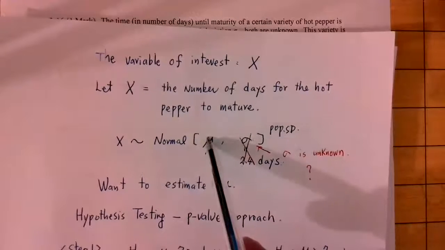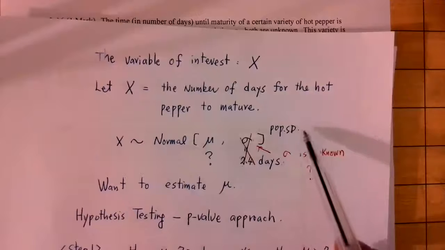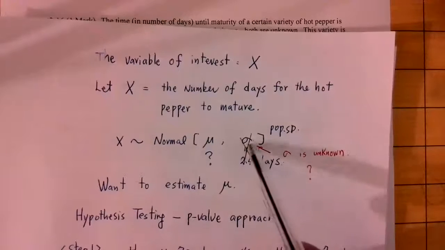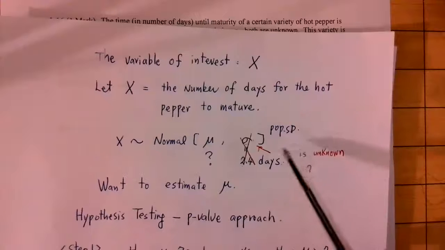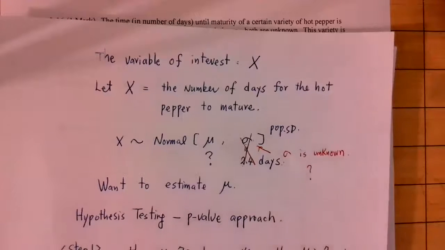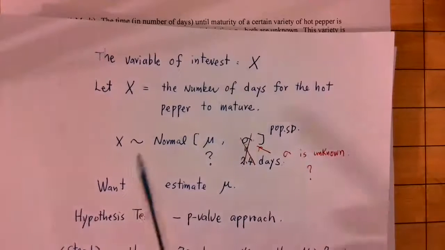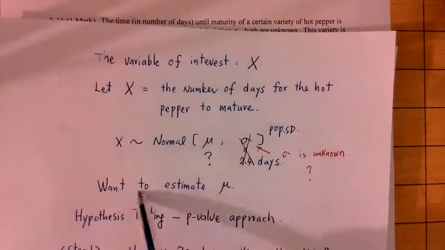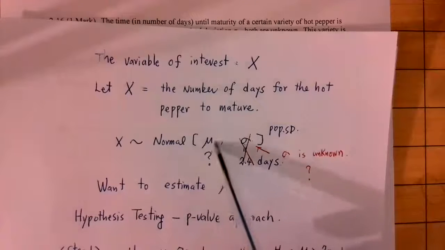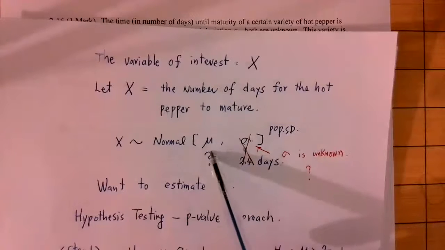Mu is the population mean, sigma is the population standard deviation, and both are unknown to us. What we want to do is make a statistical inference on mu.